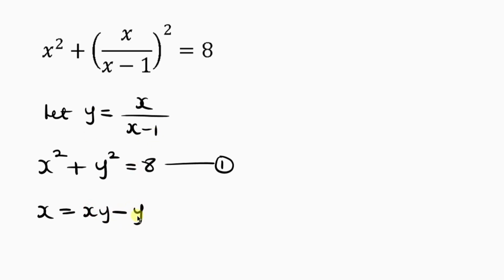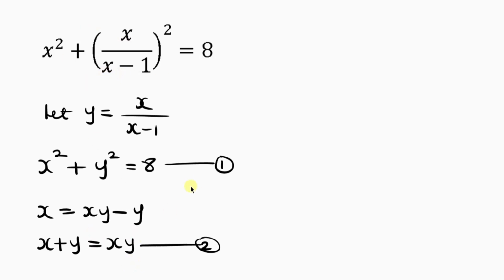I can move this negative y to the left hand side so that I have x plus y equal to xy. Please take note of this: x plus y is equal to xy. I can go ahead and call this one equation 2. So these two equations are very useful for me to solve this question.